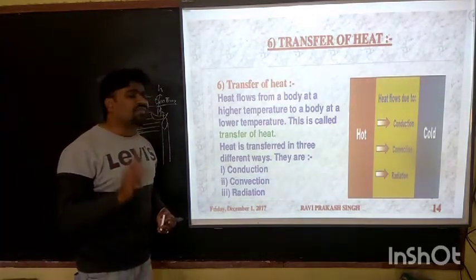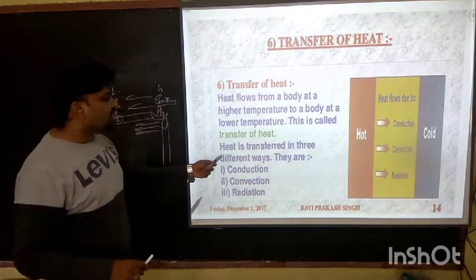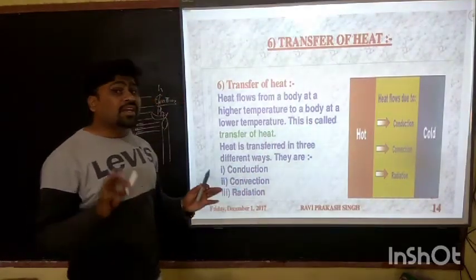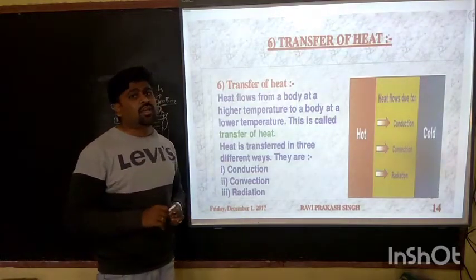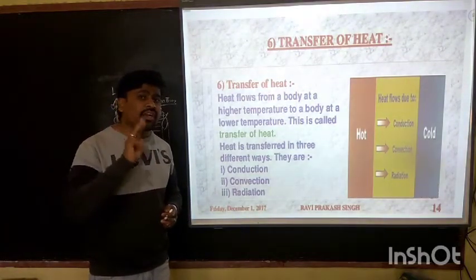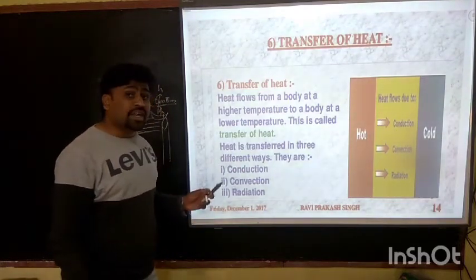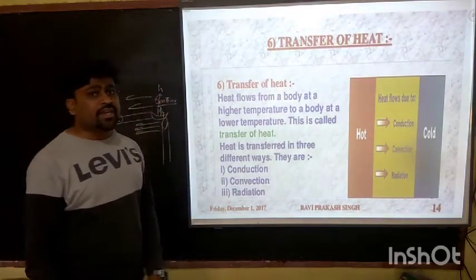Regarding transfer of heat, we can observe there are three types. Heat is transferred in three different ways: conduction, convection and radiation. Clear? First one is conduction, second one is convection and third one is radiation.